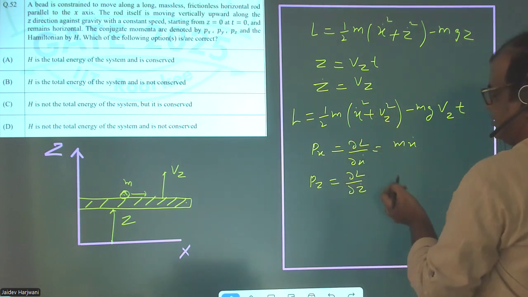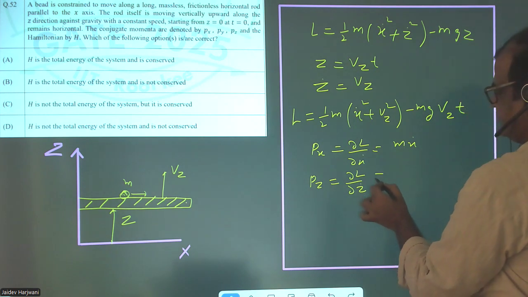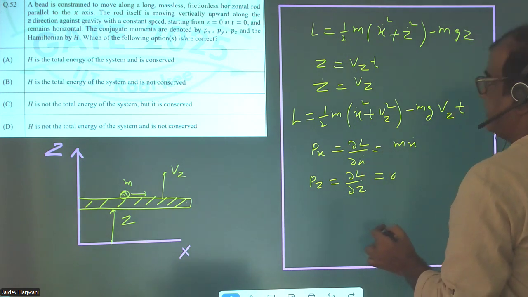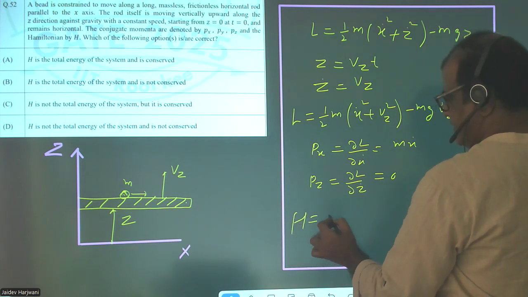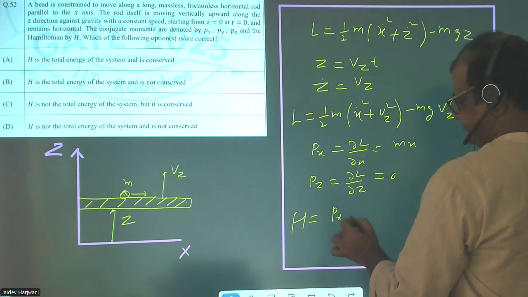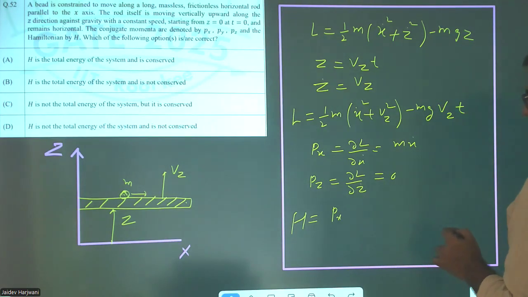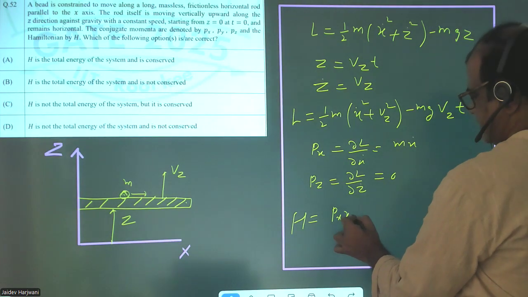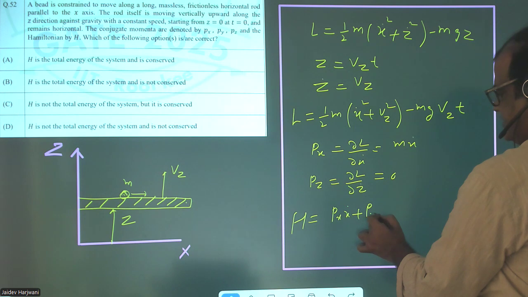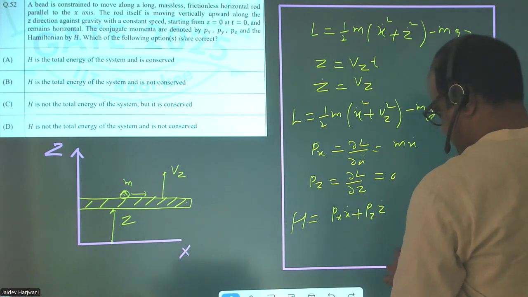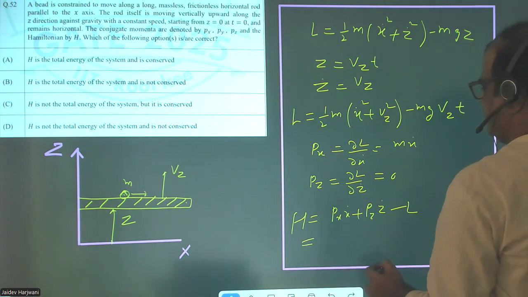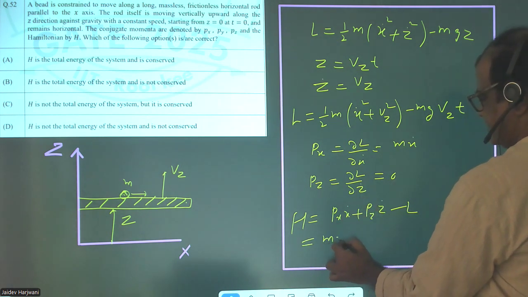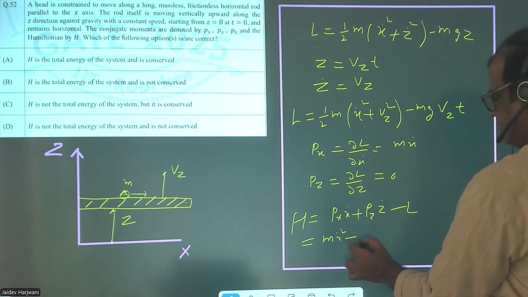Now z dot is constant, so this will be 0. So I can now write the Hamiltonian for the problem. The Hamiltonian will be simply px x dot plus pz z dot minus L. So px is m x dot square, and this is 0.